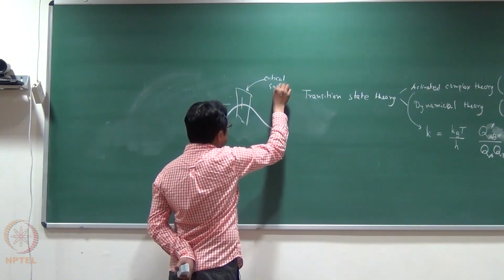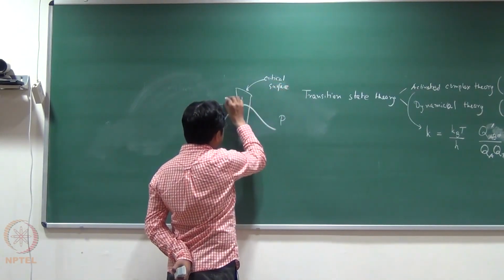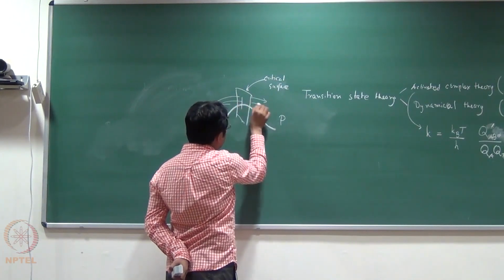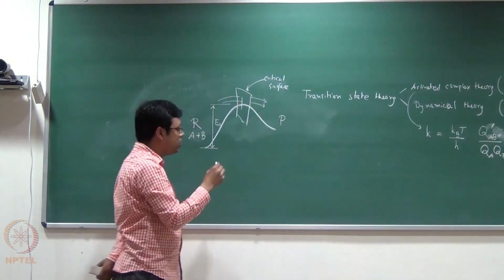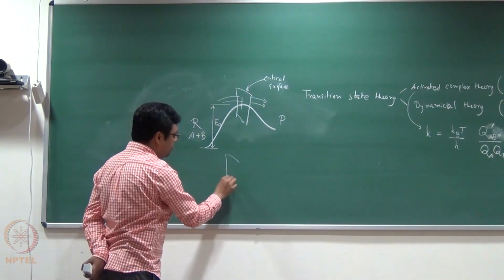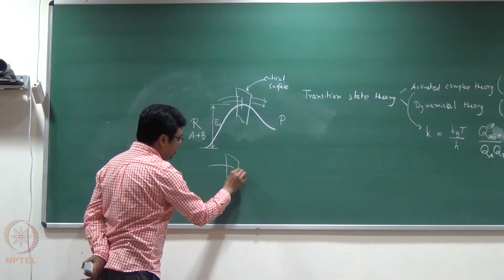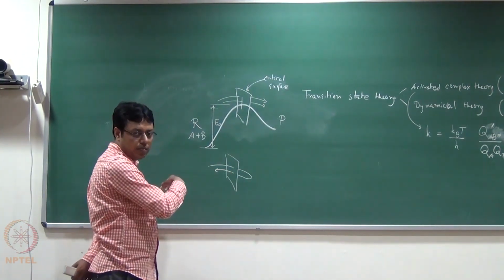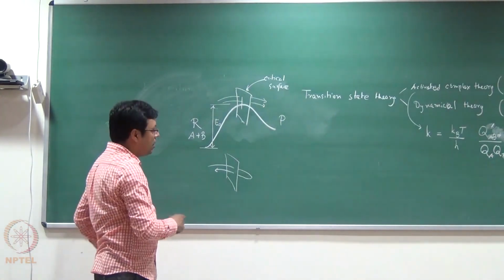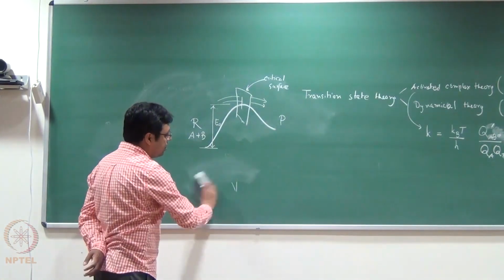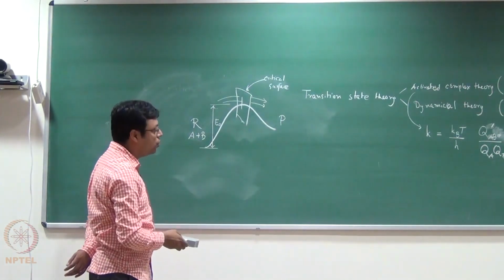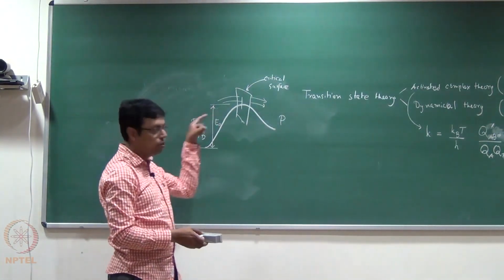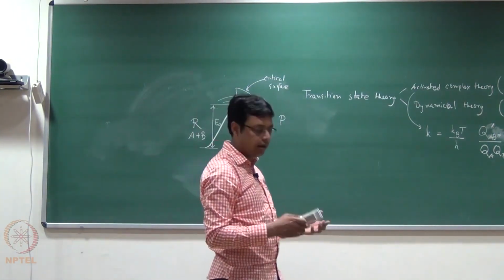The critical surface tells you that if trajectories come from the left, and if there is no recrossing, then all the trajectories passing through this surface will give me product. You can think that there is a surface and there can be reactive trajectories which come back to the reactant side, but if I assume there is no recrossing, then all of them give product.